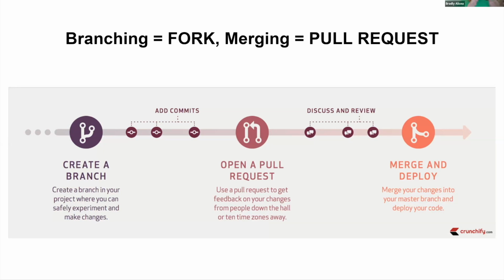This is a good graphic to familiarize yourself with some of these ideas. So you'll be creating a branch. Using that branch, you can safely experiment and make changes. Once you have a fork or a branch of the repository, it'll be under your account, so you'll see your alias / the name of the repository, as opposed to the name of the organization / the name of the repository.